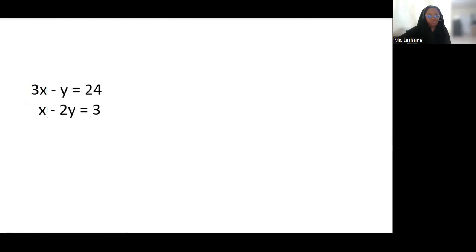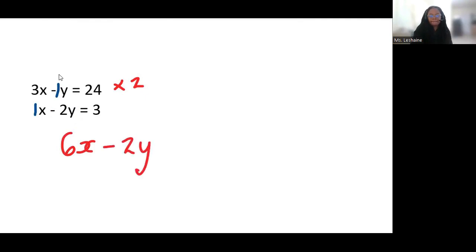But I know that a 1 is here and a 2 is here. So I have a 1y and I have a 2y. If I multiply the top by 2, then look what I will have: 6x, because I'm multiplying by 2, minus 2y equals 48.